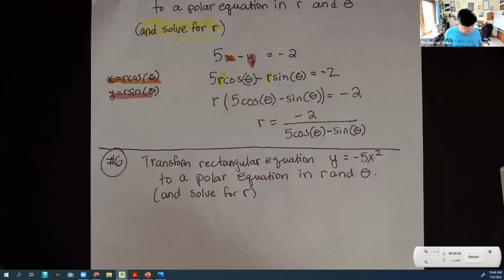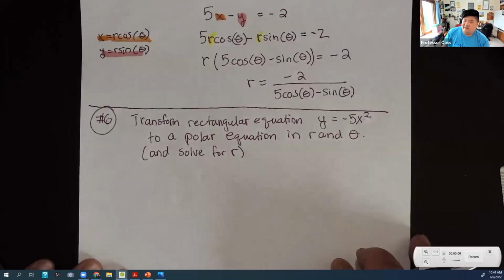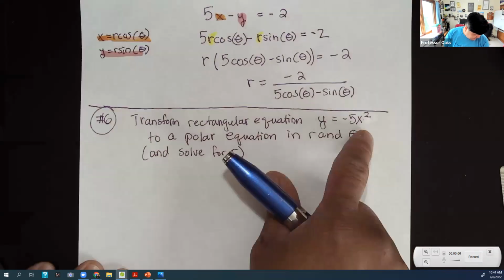Same idea here, but maybe a little more tricky because of the fact that it's x squared.